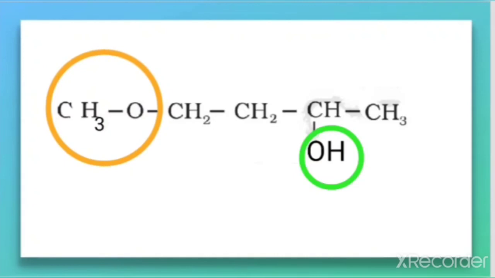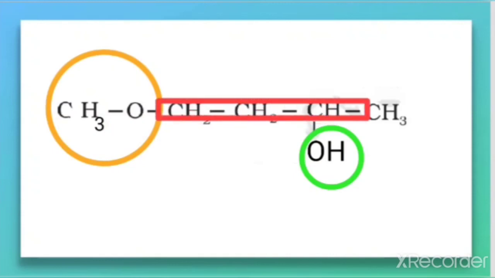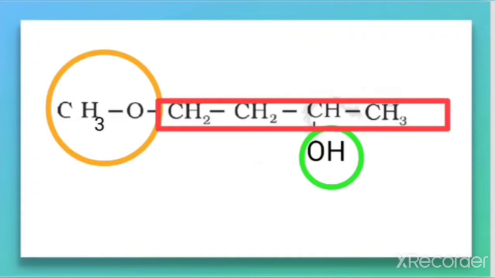And here the word root is this. This is the word root. That means a 4 carbon word root, methoxy group as a substituent, and OH is the functional group here.